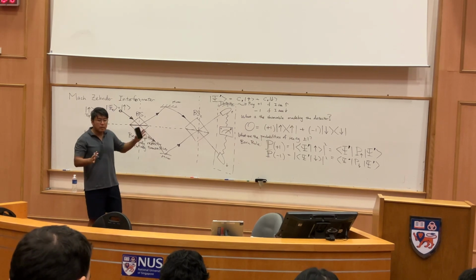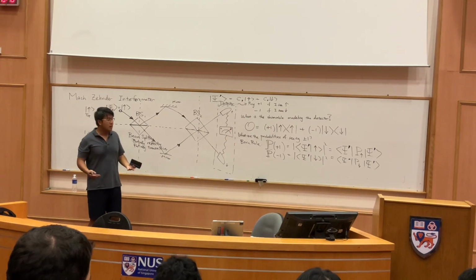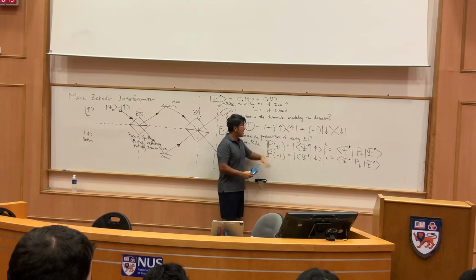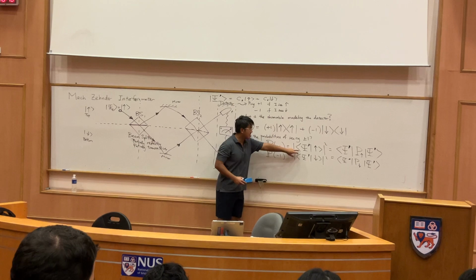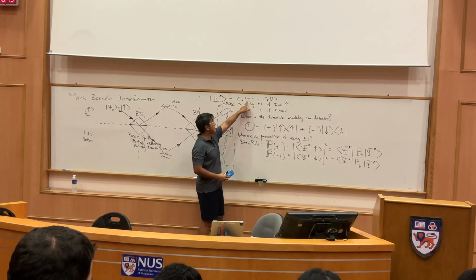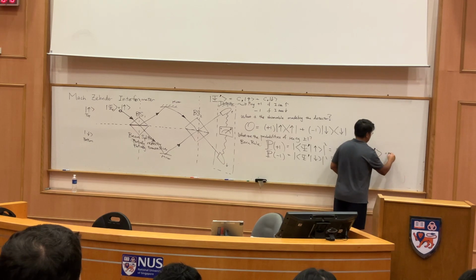Currently we don't know what C up and C down are, but we know they should be there. And if you look at this expression, the probability of observing up is really extracting the component in the up direction, which is C up, and taking the modulus squared. So this is C up squared.